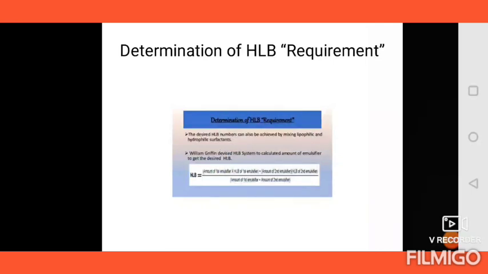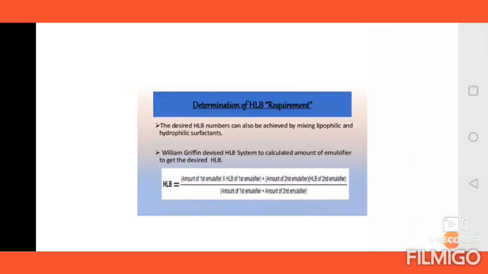Next slide: determination of HLB requirement. The desired HLB number can also be achieved by mixing lipophilic and hydrophilic surfactants.